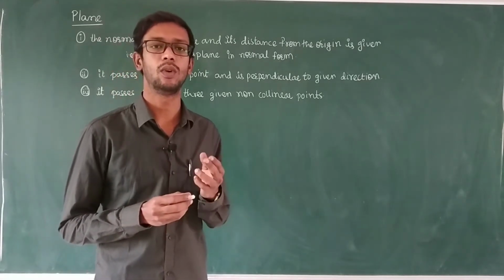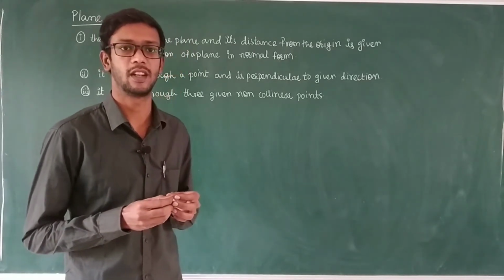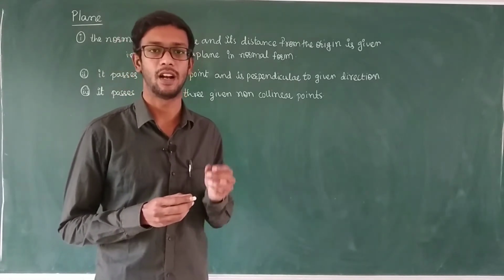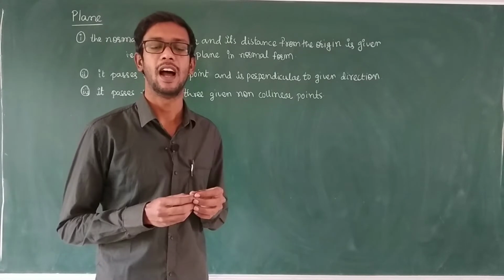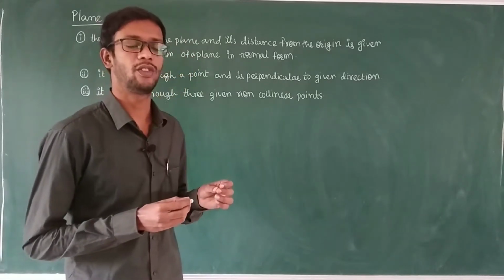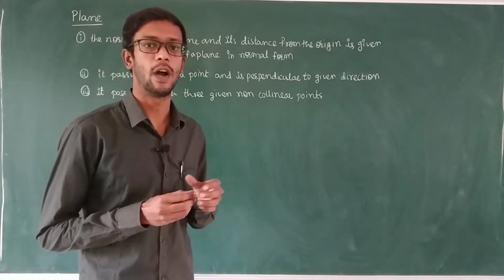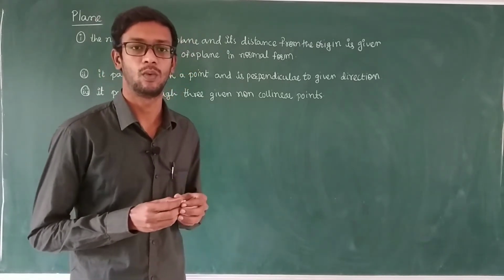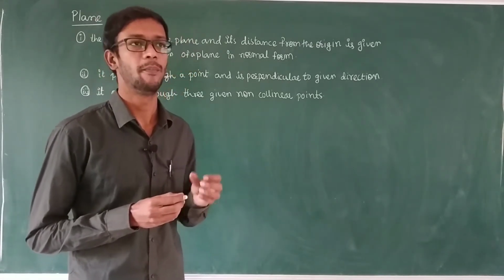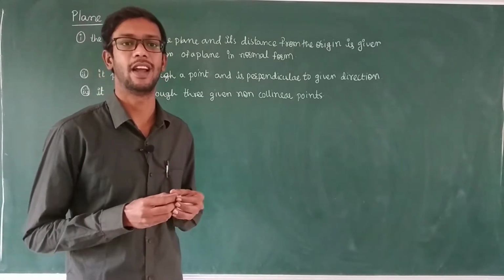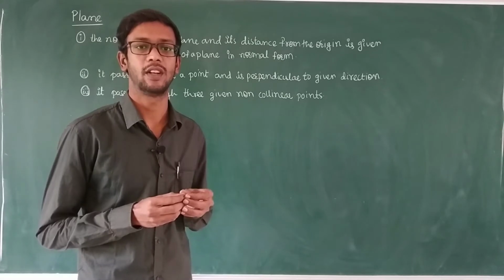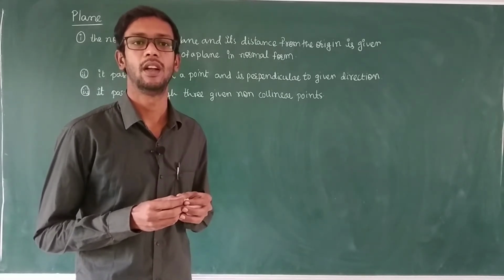Two different types of line equations we discussed: a line passing through a point and parallel to a given vector, and a line passing through two given points. After that, the angle between two lines also we discussed. Based upon that, exercise 11.2 was totally based upon line equations and direction cosines only.